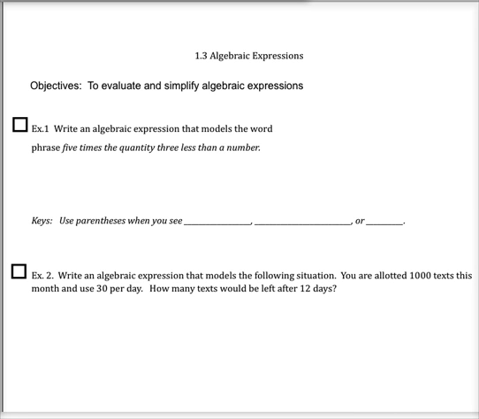Write an algebraic expression that models the word phrase, 5 times the quantity, 3 less than a number. So this can seem a little bit daunting at first. What I want to go over before we dive into that is the little key underneath it. I want you to realize, to use parentheses when you see the words sum, difference, or quantity.